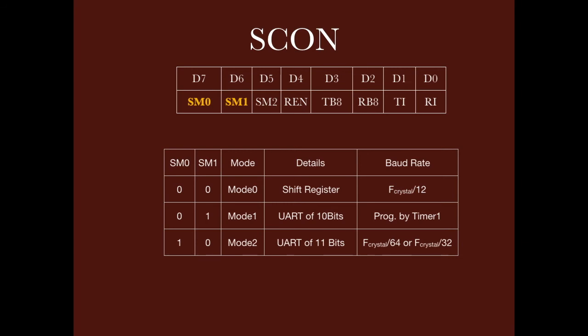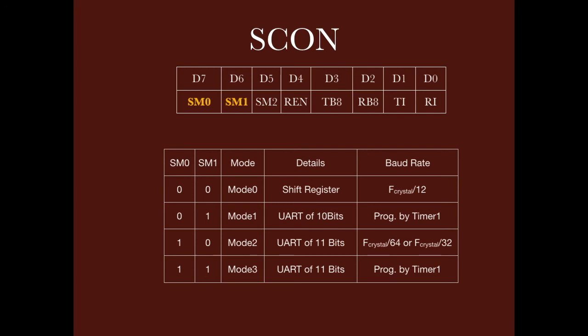Timer 1 is not used, so the baud rate is determined by the SMOD bit as discussed in the last slide. The baud rate will be either crystal frequency divided by 64 or divided by 32. Mode 3 is similar to mode 2 except now the baud rate becomes programmable and we use timer 1 for baud rate programming.